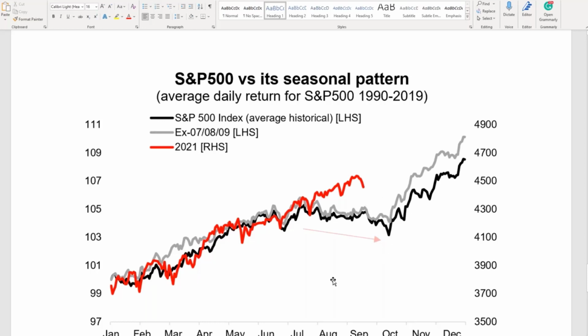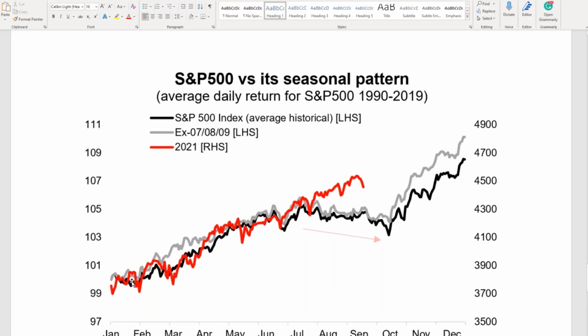This goes on until the 3rd week of October, where, spookily, and I don't know why this is, around the 3rd week of October, and this is a rather consistent thing, we make a low, and then the strongest period of the year is from then till the end of the year.